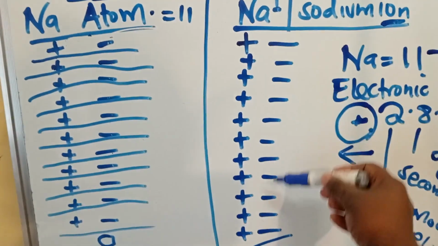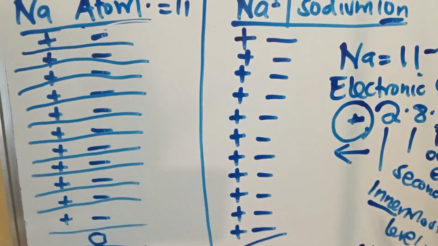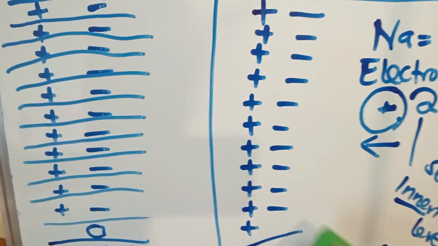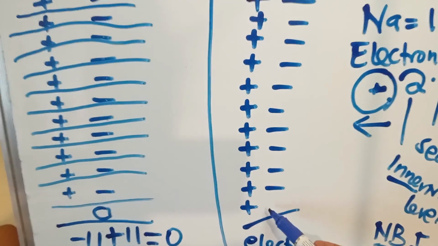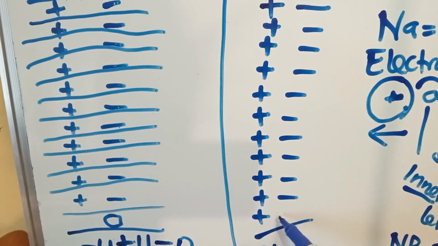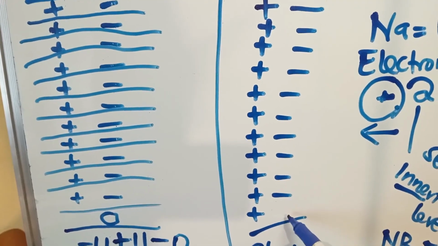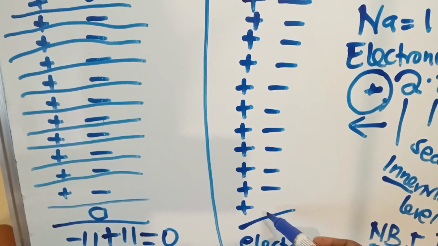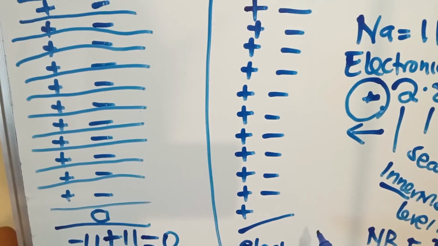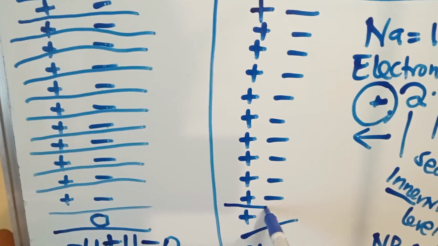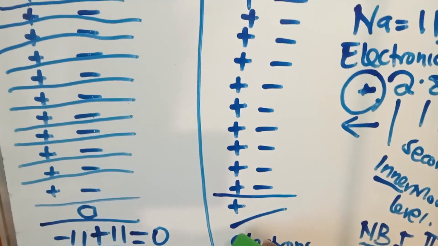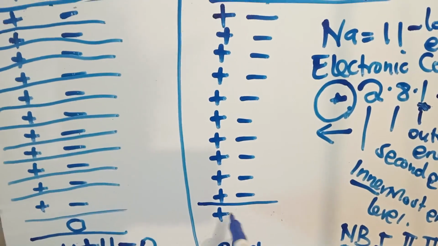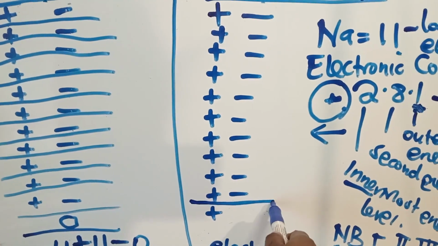So you will go to the line of the negatives. And for sodium being in group 1, it will lose just one negative. So you come down here, you rub one negative. You see there was a negative just next to this positive, but we have rubbed it to mean that that is the electron that sodium has just lost. So then you will draw a line here, up to this point.